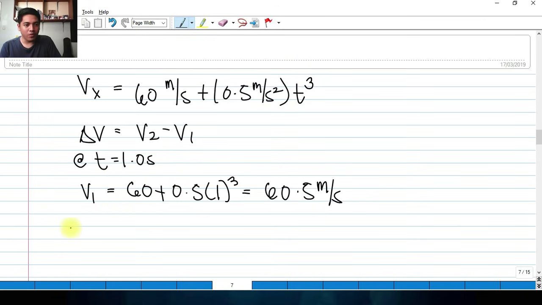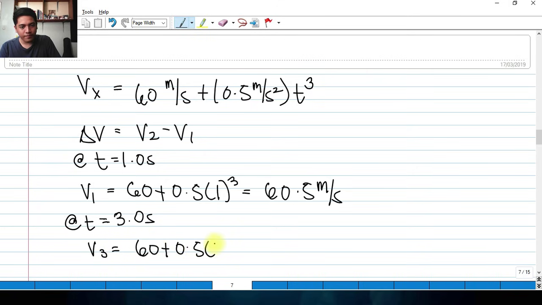So, at time equals 3 seconds, we simply substitute 3: 60 plus 0.5 times 3 cubed, and that is 73.5 meters per second.